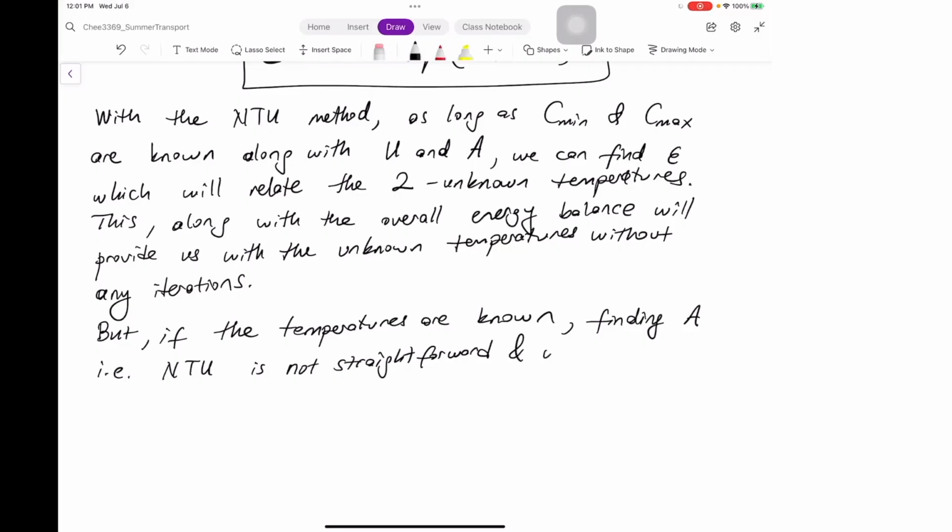And in that case, using the log mean temperature difference method will be easier. Okay.